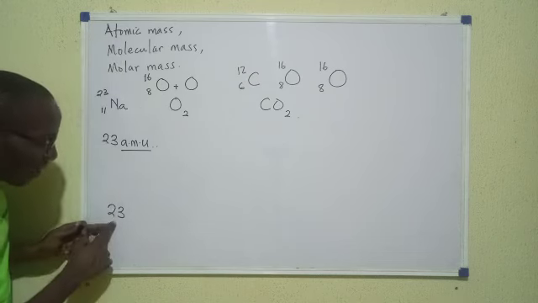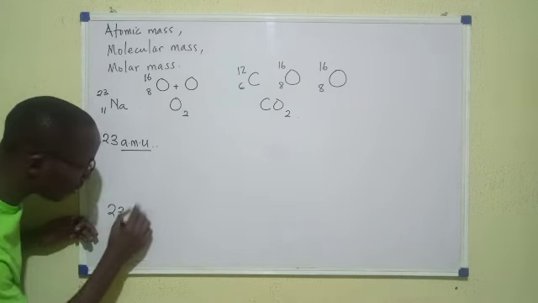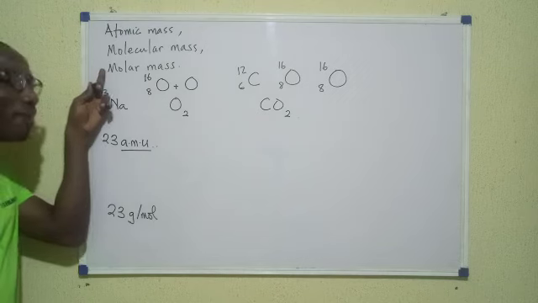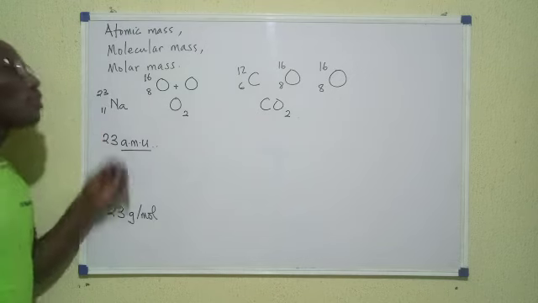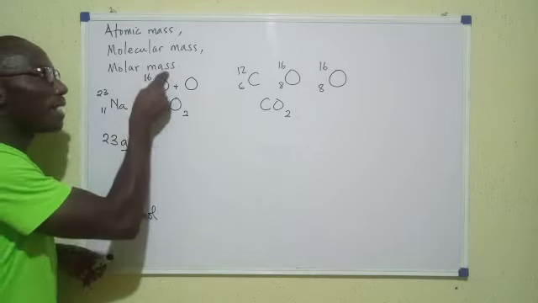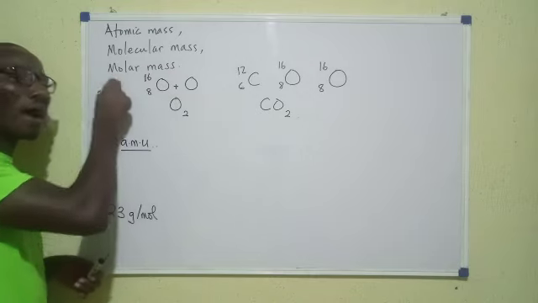Then the 23 down here, if I give it unit of gram per mole, then it becomes the molar mass of sodium. So the molar mass actually, look at it, molar mass, mass molar, mass of 1 mole.